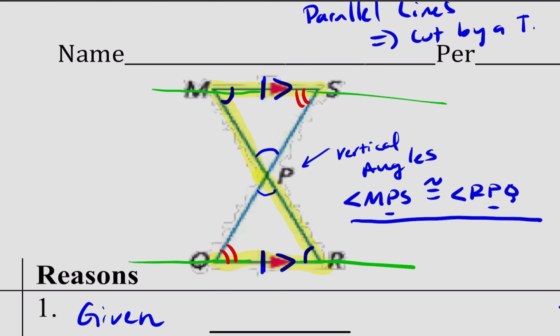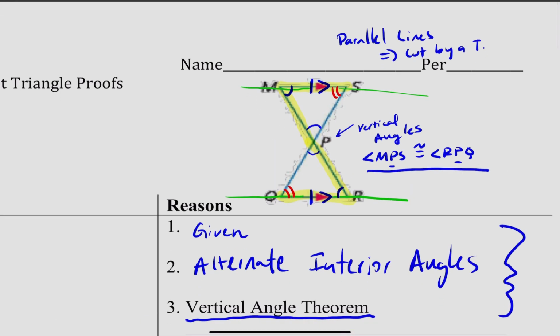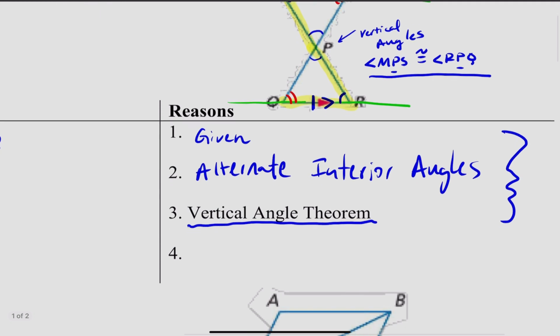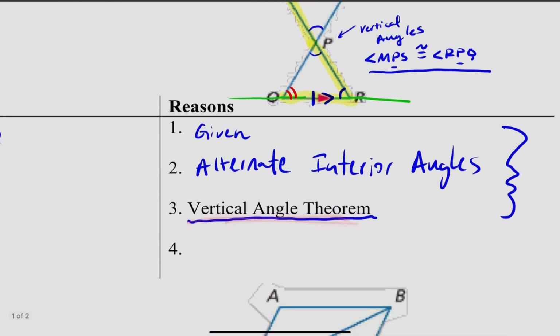I could say angle, side, angle, but we cannot neglect the fact that we are forced to work with the vertical angles, right? So there were two ways to prove that these two triangles are congruent, right? Angle, side, angle. You can see that with my laser pointer here. But we didn't include the vertical angles when I was using my laser pointer just a few seconds ago. We have to work with the vertical angles theorem.